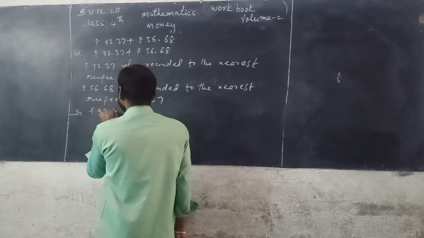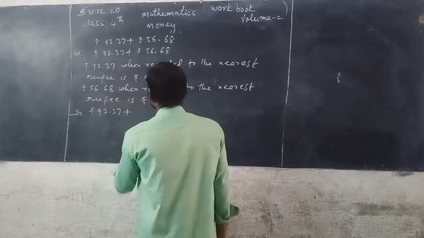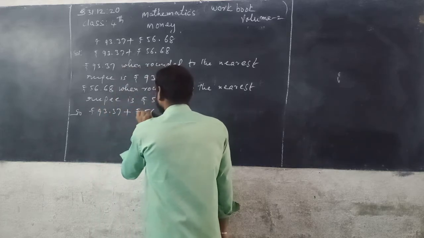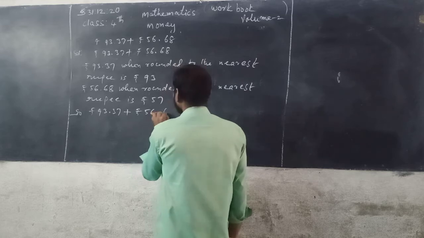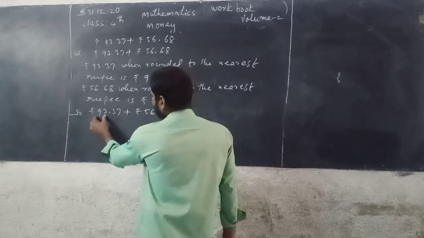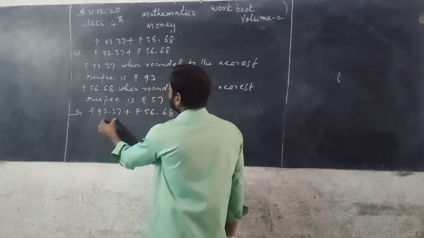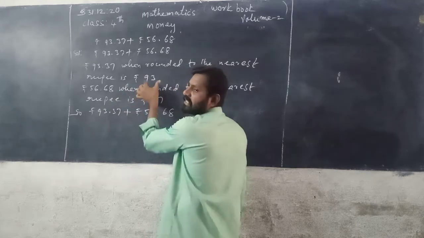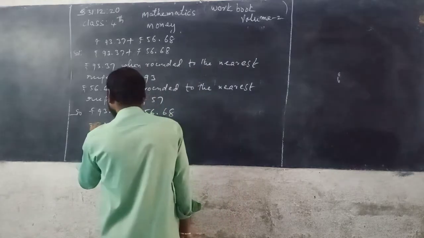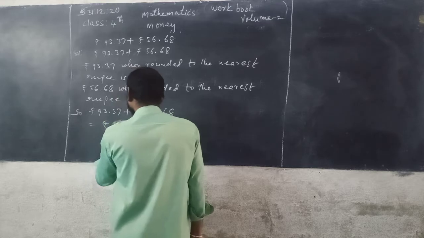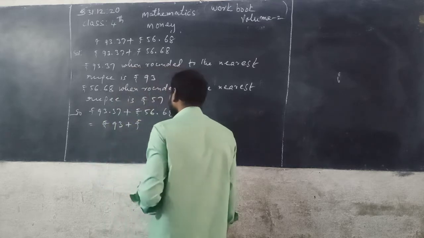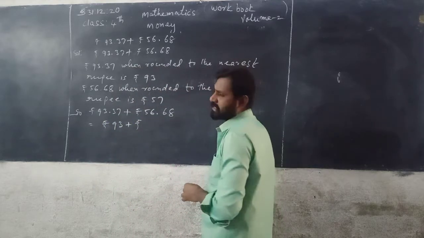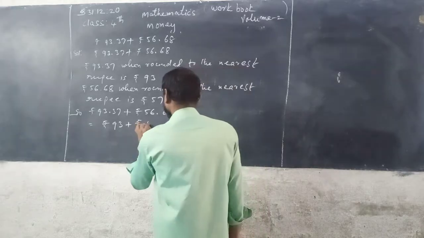So 93 rupees 37 paise plus 56 rupees 68 paise. 93 rupees 37 paise can be written as 93 rupees. Then you can write 93 rupees plus 56 rupees 68 paise, it can be written as 57 rupees.